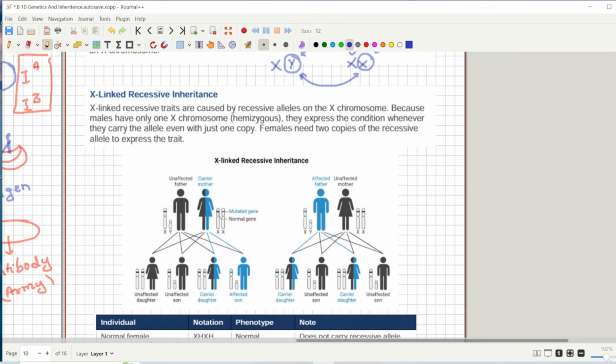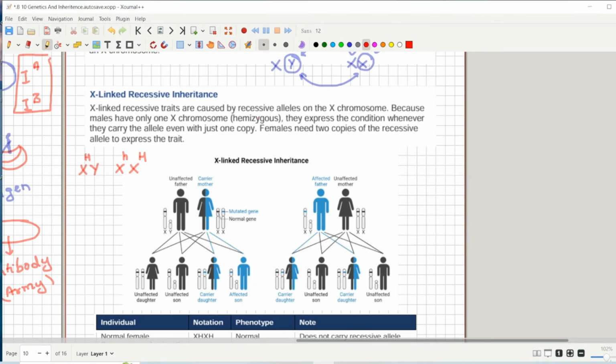For example, let's make a pedigree chart. First of all, imagine this is your father, right? The father is normal, and this is the mother, and the mother is containing a recessive trait. Let's say the recessive trait is small h and normal is capital H. This is also normal. So this is the father and this is the mother.